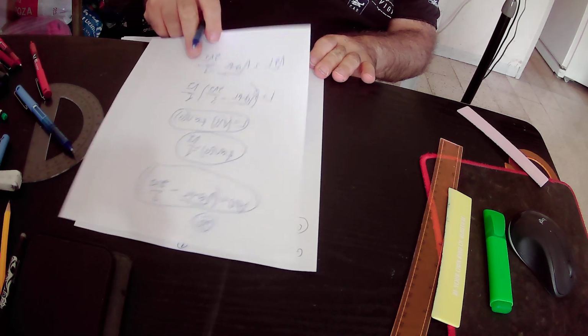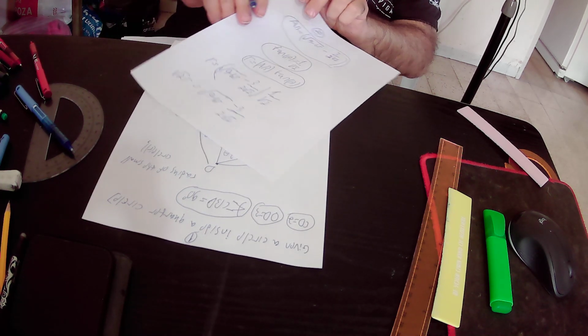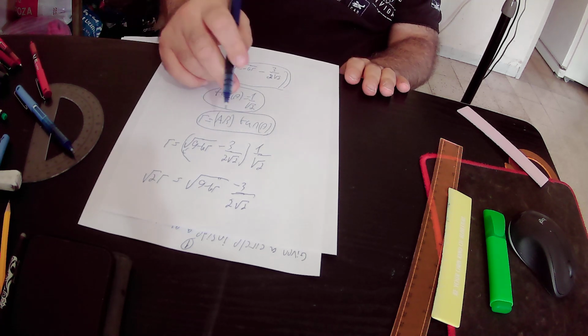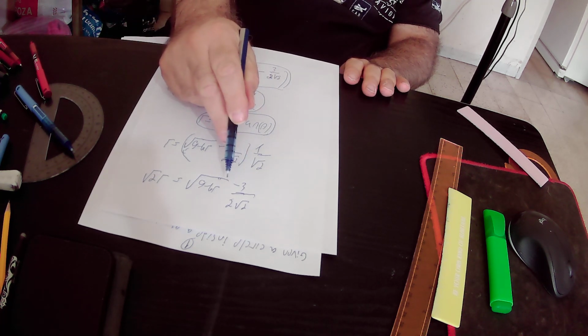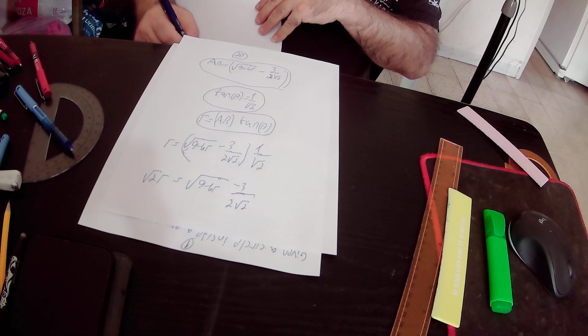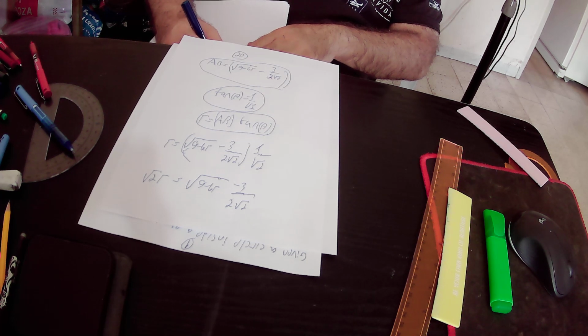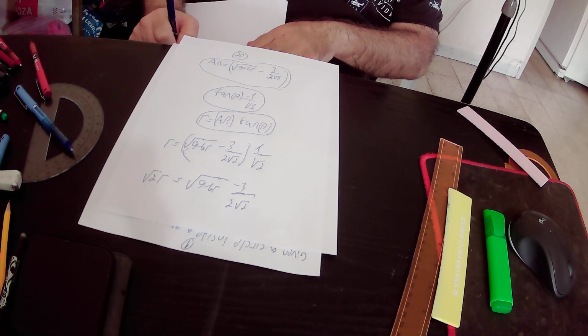Okay, so here we will add to this equality 3 over 2 times root 2. We will get that root 2 times R plus 3 over 2 times root 2 equals the root of 9 minus 6R.